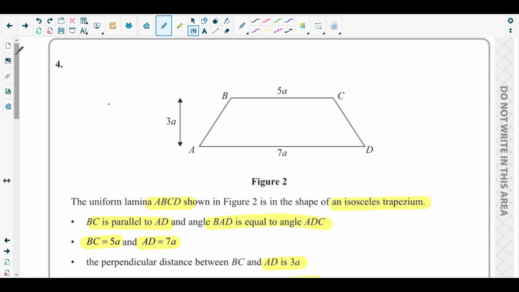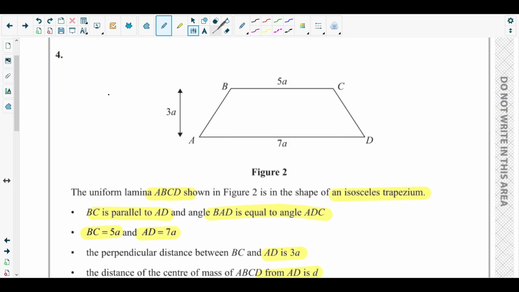So what are the moments? Look, we will divide this shape into three parts. The first part is this right angle triangle, another part is the rectangle, and the last part is another right angle triangle. If you consider the moments, moments is equal to Fx, right?